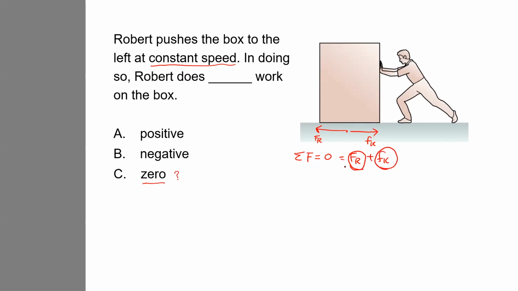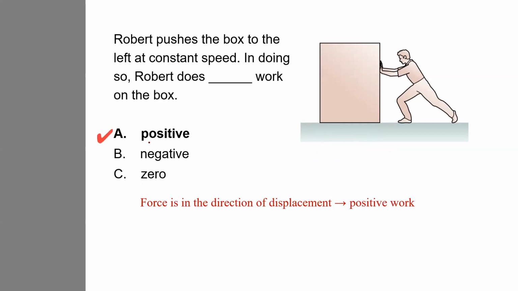So the work done by Robert still is non-zero. Okay? So in this case, the displacement is in this direction while the force is also pointing the same direction. So the answer would be positive work. Okay? So that's how you can think conceptually about forces and the work being done.